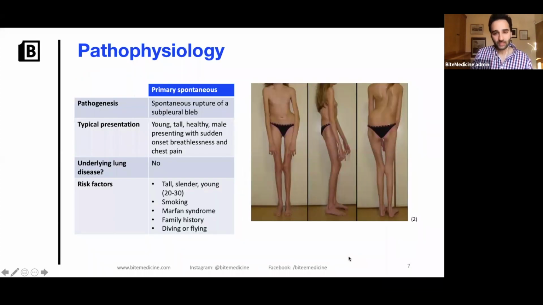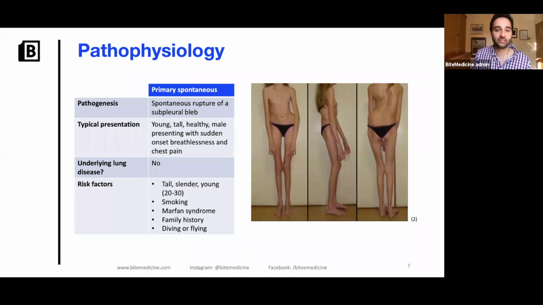So this is the case that we were just looking at. Primary spontaneous pneumothorax, so young, fit people, is due to a spontaneous rupture of a subpleural bleb. What these blebs are, they're small subpleural, thin-walled, air-containing spaces, if you like. And when they rupture, they allow air to fill that pleural space, resulting in a spontaneous pneumothorax.